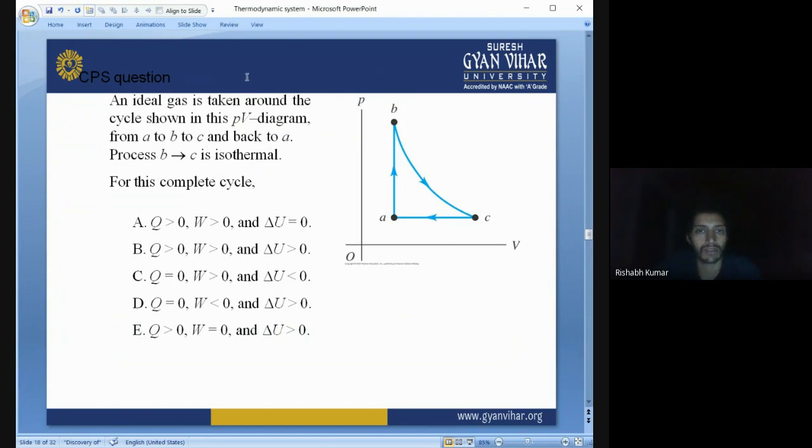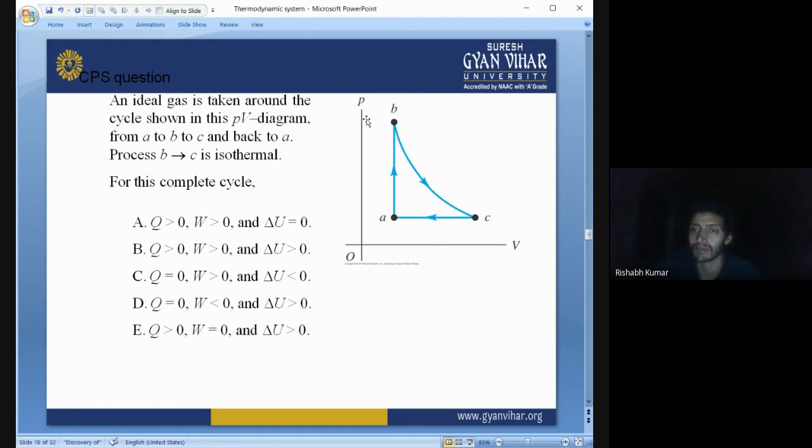For this complete cycle, delta Q, W and delta U, which of the following will be true out of these options a, b, c, d, e? Which option is true? First option says that Q is greater than 0, W is greater than 0, and delta U is greater than 0. Because we already know that for a cyclic process, delta U is going to be 0, because your internal energy is a state property or state function.